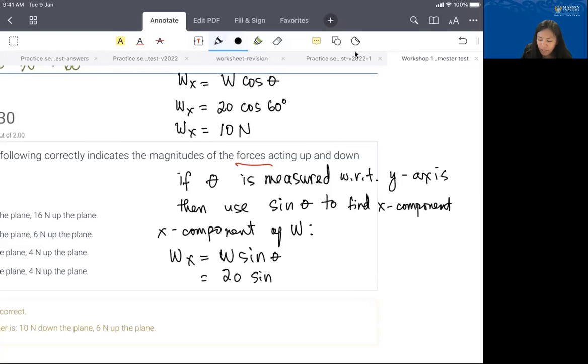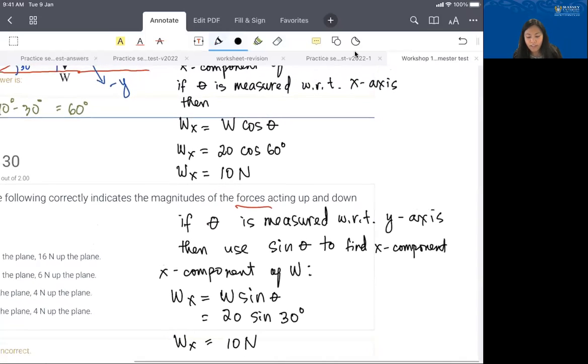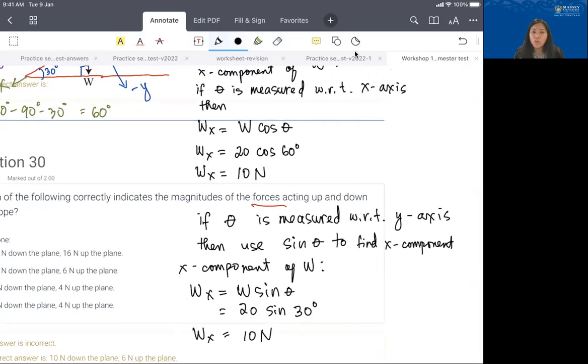It will be sine 30 degrees instead of 60 degrees. And if you do that with your calculator, sine 30 degrees is also 0.5, times 20 will give you 10. So you should still get the same value for the x component. It's just that you use a different angle to calculate it.